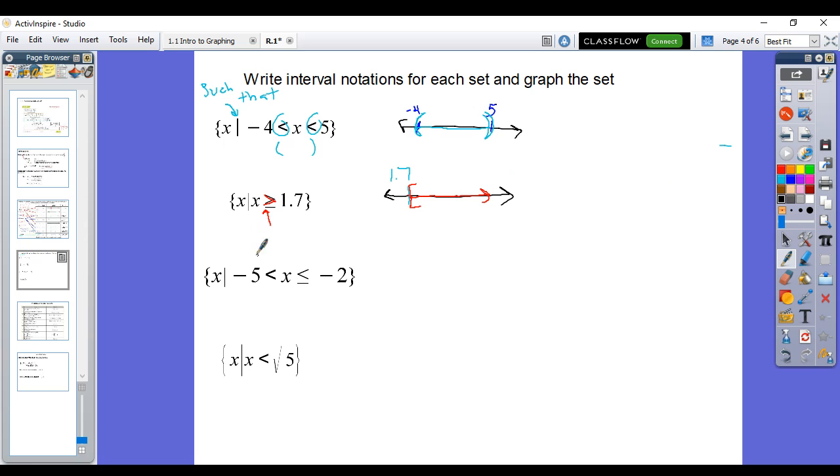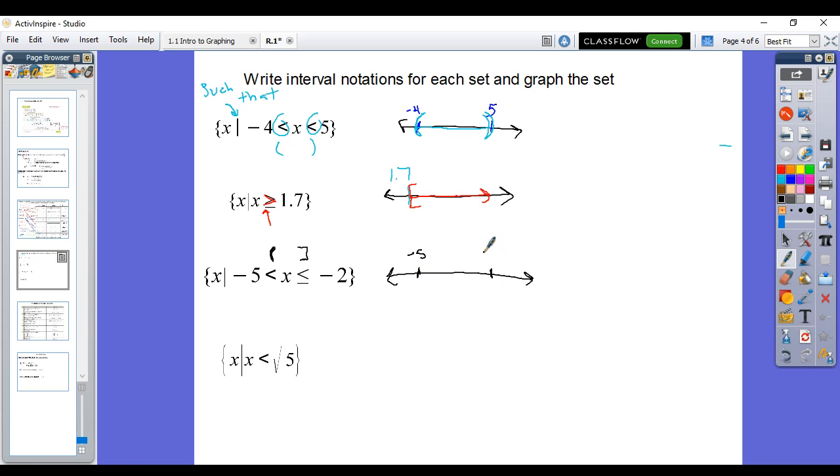All right, so we got the next one. x such that -5 is less than x, and x is less than or equal to -2. So this should already tell you this is going to be a parenthesis, and this will be a bracket for this symbol over here. And it'll be in between these two, greater than -5, smaller than or equal to -2. So let's say this right here is our -5.